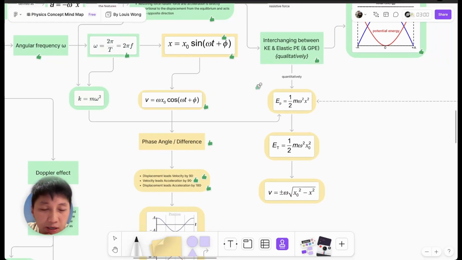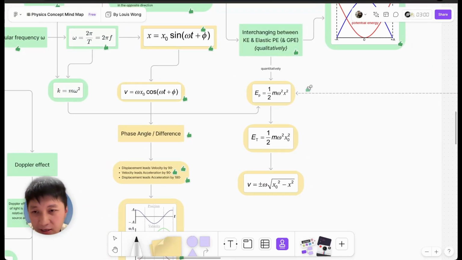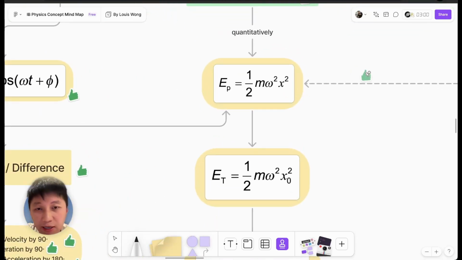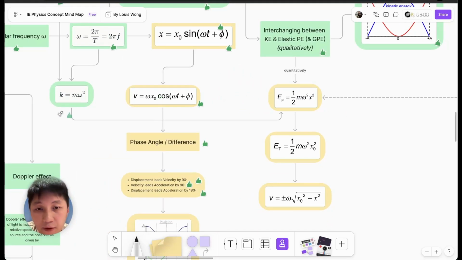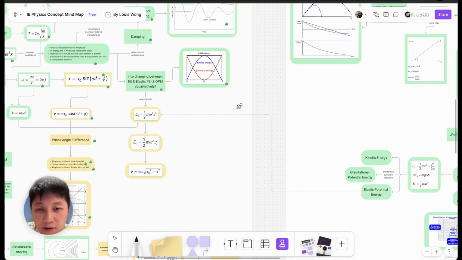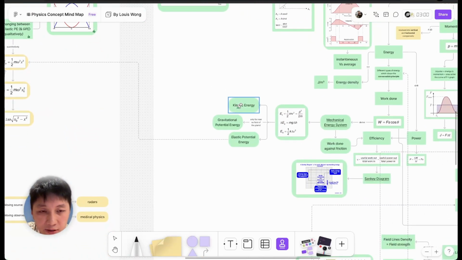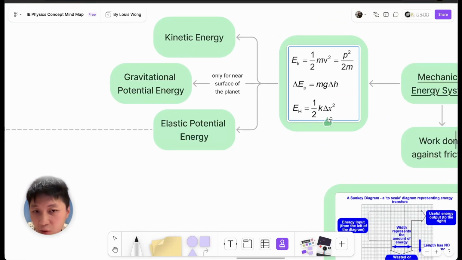Now, going on to the energy part, if you're HL, then you also need to know it quantitatively. And so we have an equation like this one in the data booklet. I will recommend you to understand how we arrive at this. This is the potential energy, obviously the elastic potential energy for the spring mass system. To arrive at this equation, we are looking at one of the equations from mechanics, the elastic potential energy equation, half kx squared.